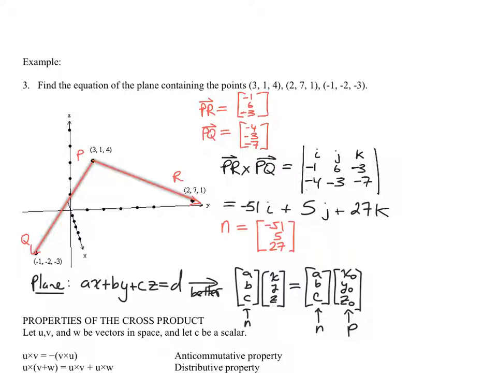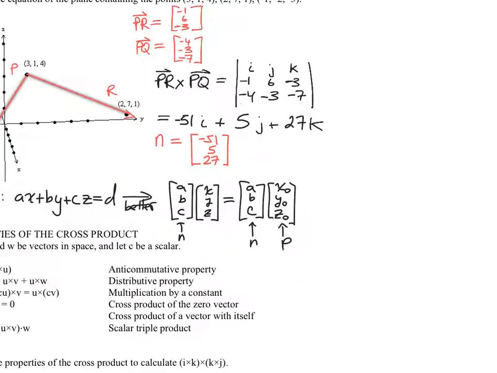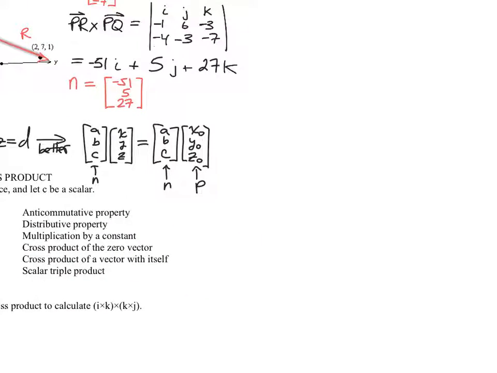All right. So in writing the plane equation, it's negative 51, 5, 27 against x, y, z.